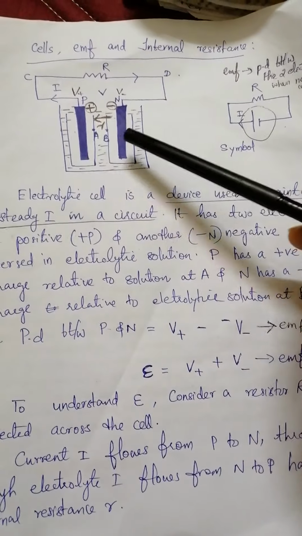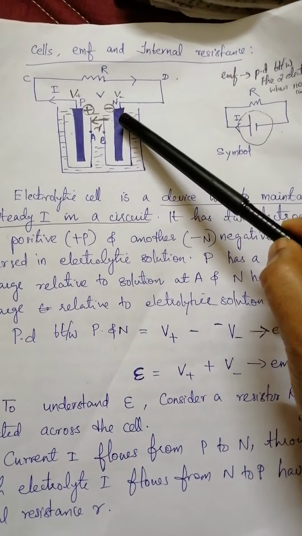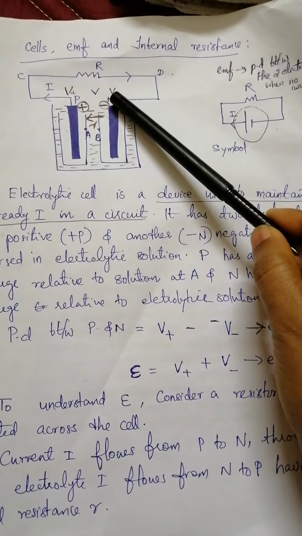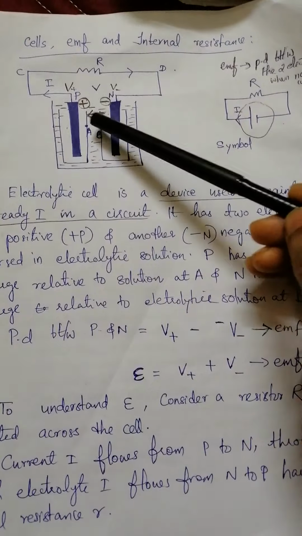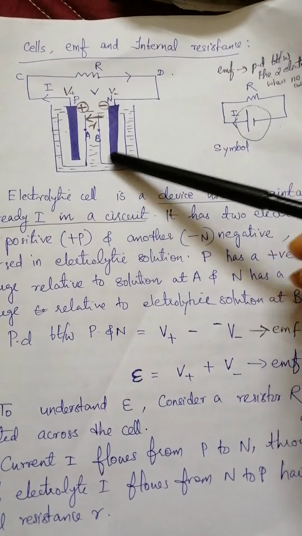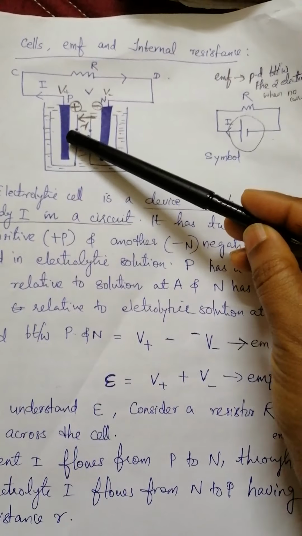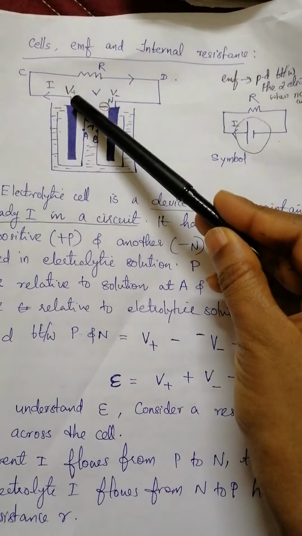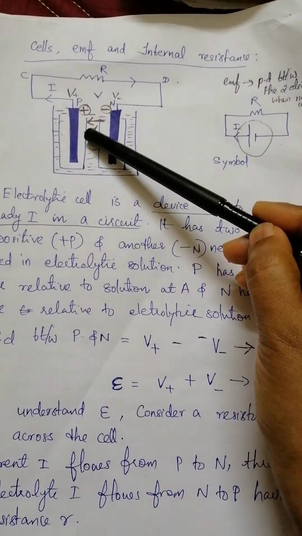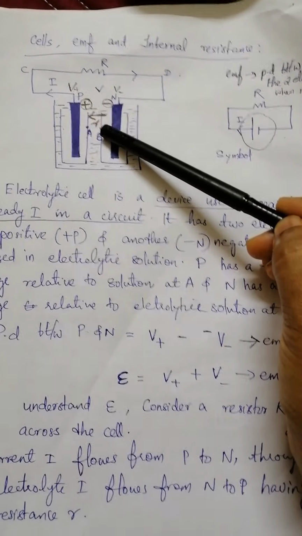This cell has two electrodes, one at positive potential P and another at negative potential N. These electrodes are dipped in the electrolytic solution. If we consider two points, A near P and B near N, P has positive charge compared to point A and N has negative charge compared to point B.